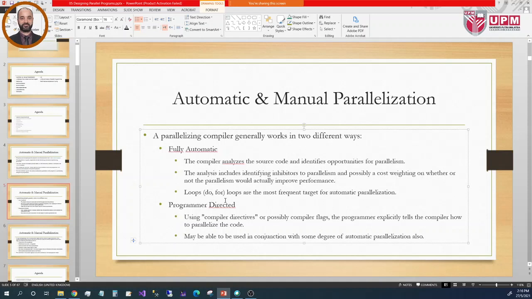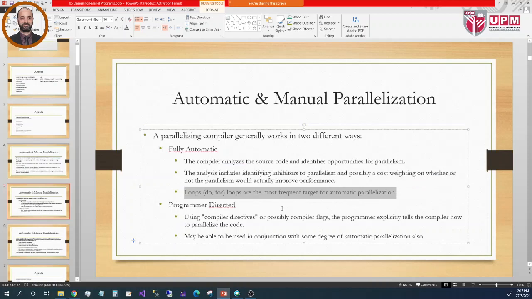The main points that this kind of tool works on are loops, like do and for loops, which are the most frequent target for automatic parallelization. So mostly these loops will be parallelized, even if those loops are not responsible for any bottleneck or any delay.